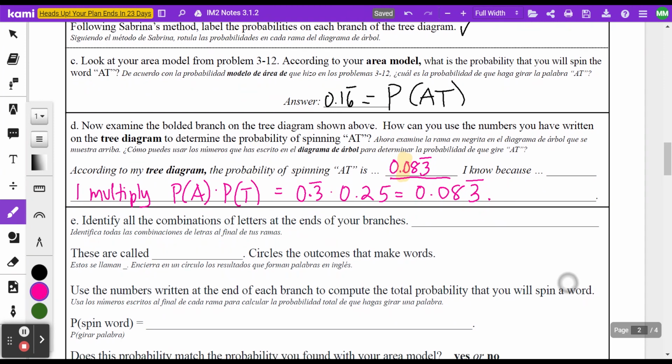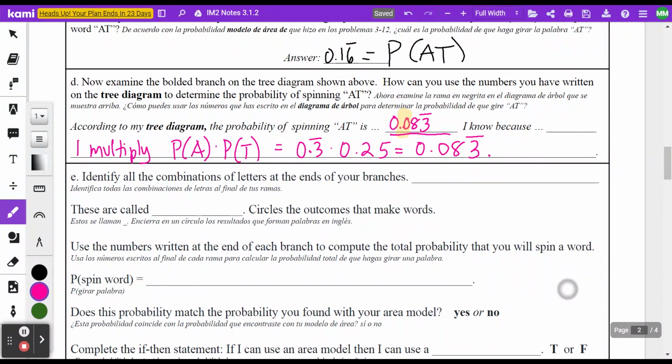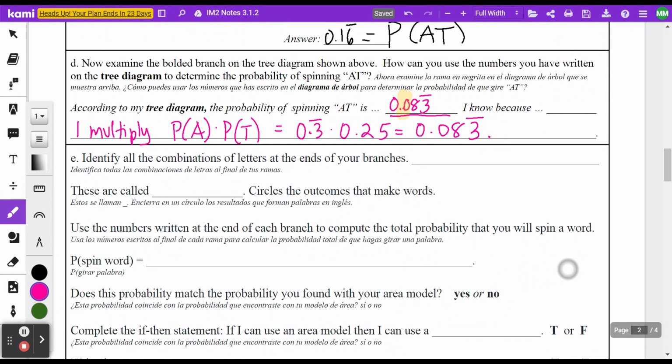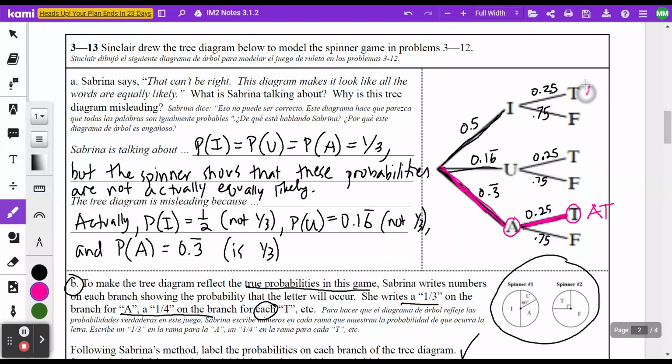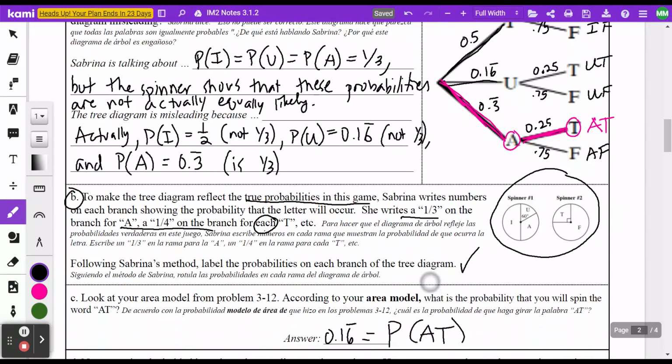Okay, so let's identify all the combinations of letters at the end of our branches. We could have IT. We could have IF. We could have UT. We could have UF. And we could have AT and AF. IT, IF, UT, UF, AT, AF.